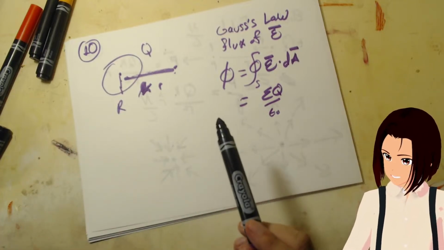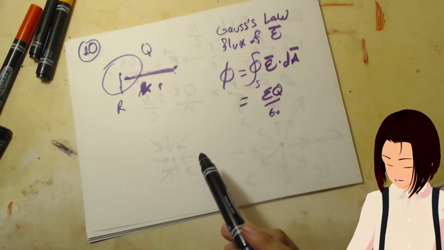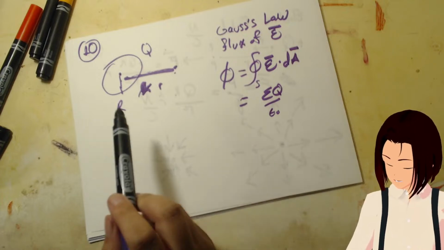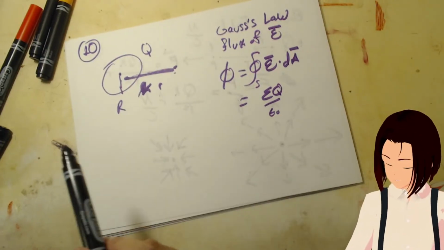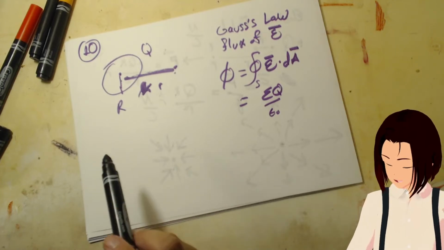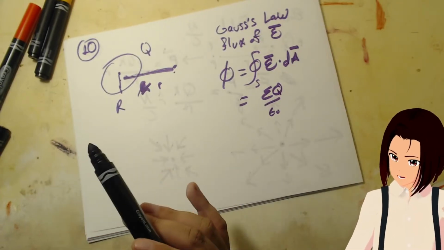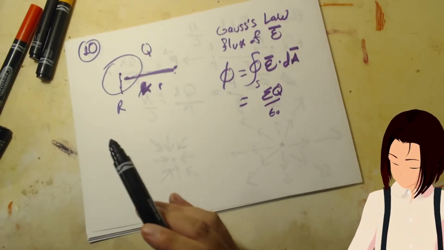So to do this, to know the electric field, one of the things we have to know is that the symmetry point inside has the same flux at all points on a hypothetical sphere. So the electric field is radially pointing outwards, or it goes inwards depending on the charge.